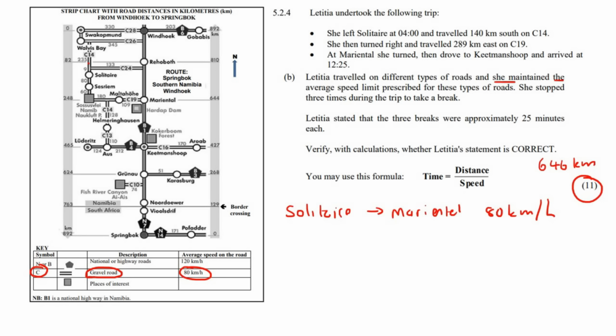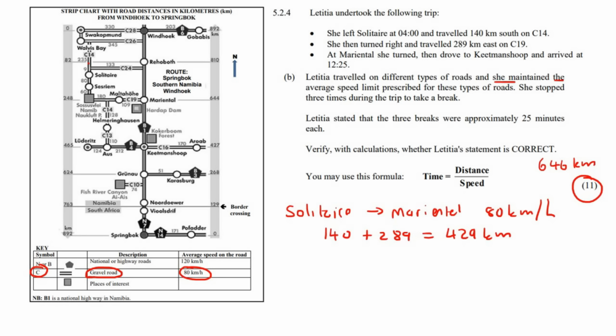Now, how far was that? Well, that was from Solitaire to there. That's 80 kilometers plus 60 kilometers plus 289. Remember, we said it was 289. So we can say that was 140 plus 289, and that would be 429 kilometers.